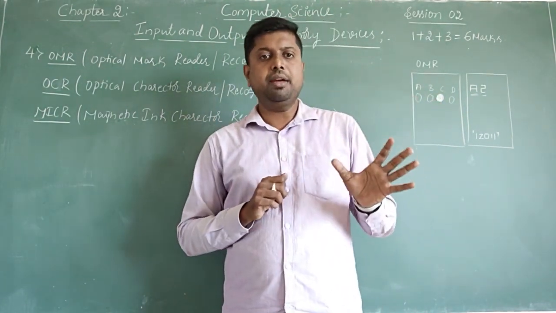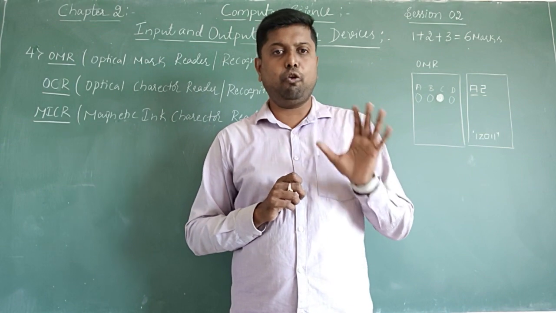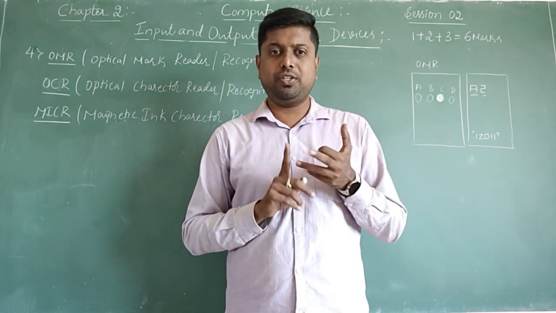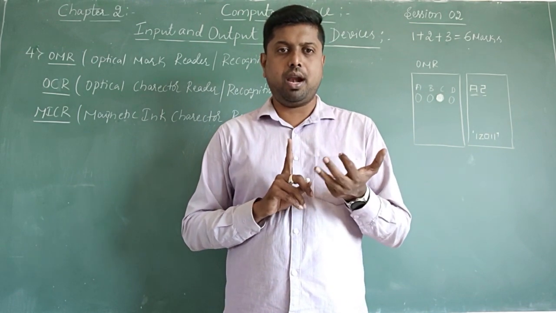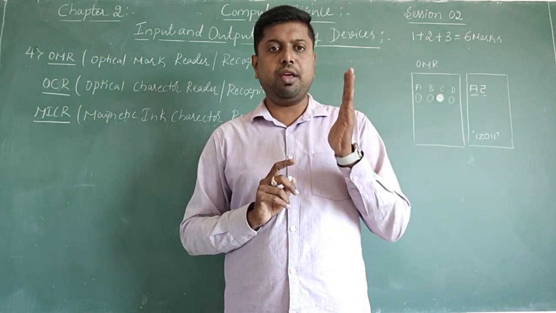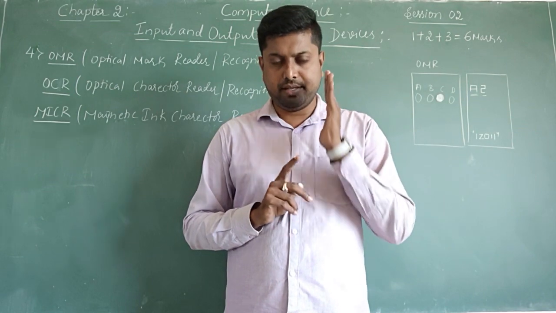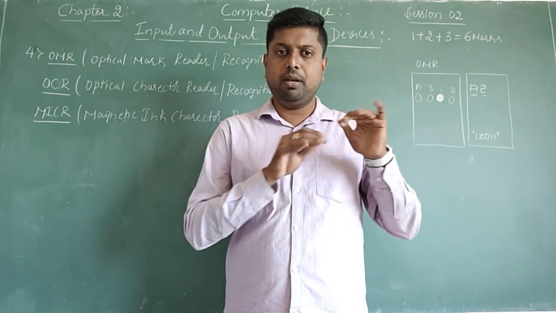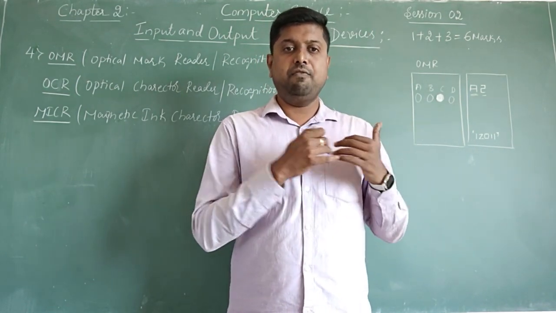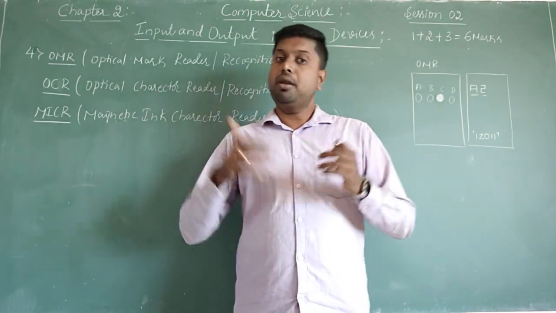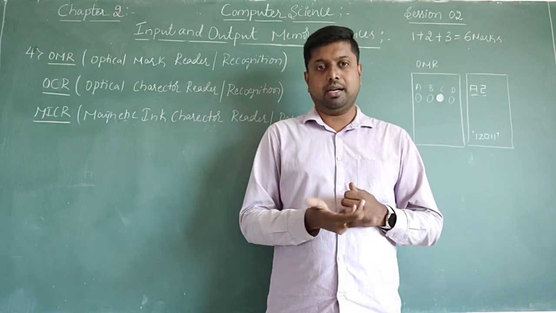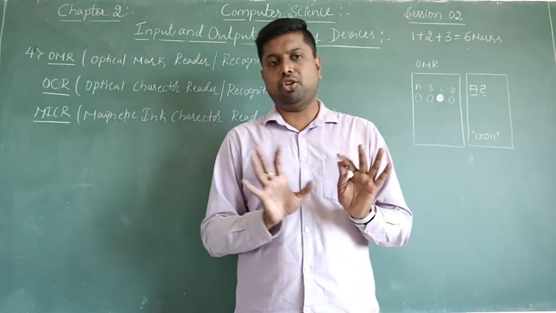So finally we have discussed all the input devices: keyboard, mouse, joystick, and some optical input devices like OMR, OCR and MICR. All of these are input devices. With the help of these devices we have a chance to give inputs to the computer. Not only these devices, but in your text for your syllabus they mentioned this much.